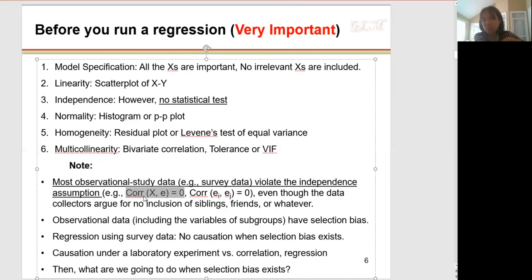So we try to reduce the selection bias. When we talk about cause and effect, unless you conduct an experimental design, you really need to be cautious in wording what you are doing in the research. Okay. All right.